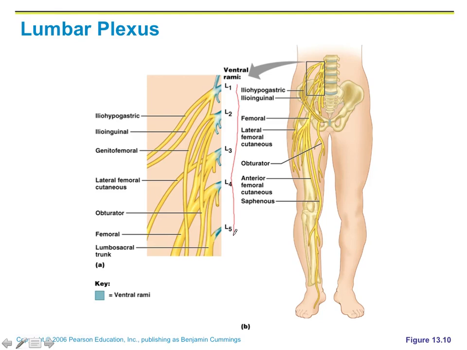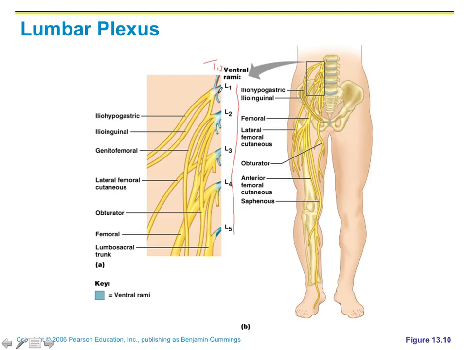We can see L1 and its branches. This branch is from T12. T12 is also involved in the lumbar plexus, however we can ignore this one. We just memorize that it is from L1 to L5.